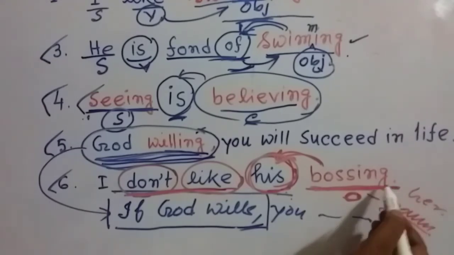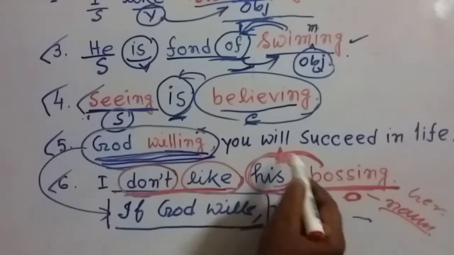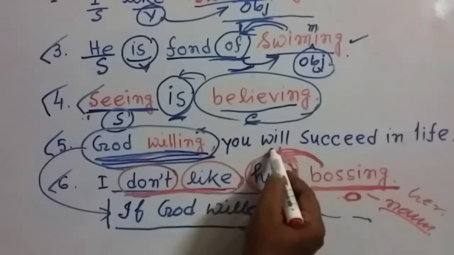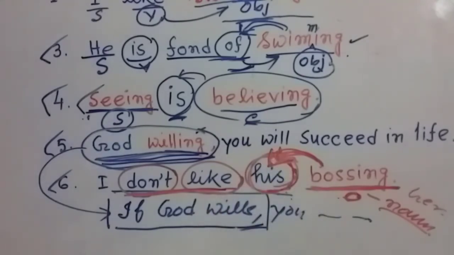It's a gerund, and before that there is a possessive adjective. And you know, my dear friends, before the noun we can use a possessive adjective, and this is the object of this adjective. That means the gerund can be used as the object of the possessive adjective. Here we have done the same thing.